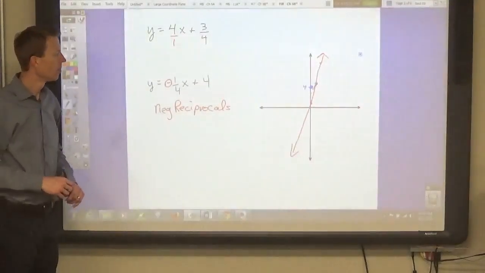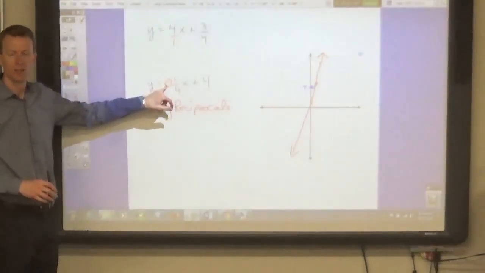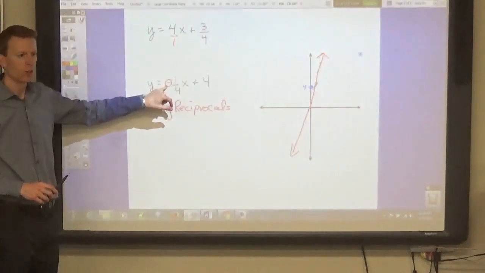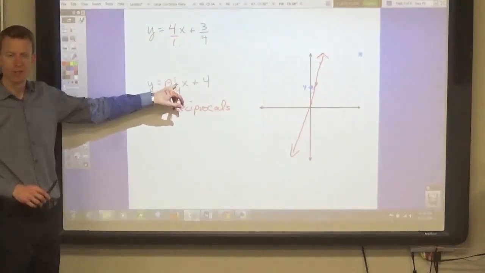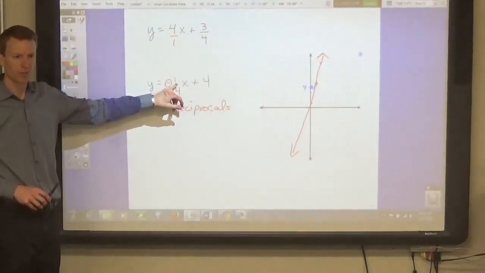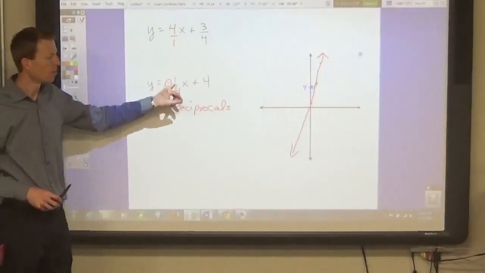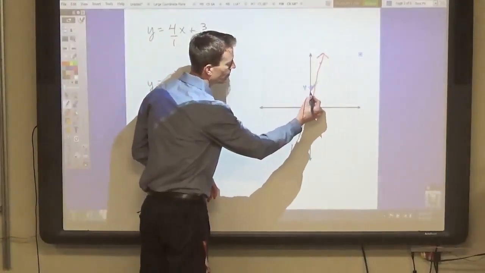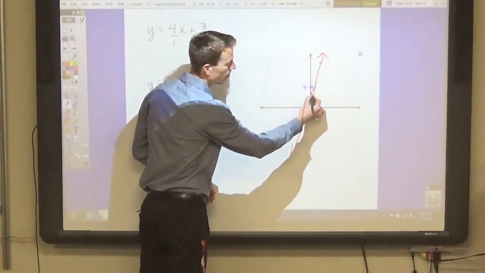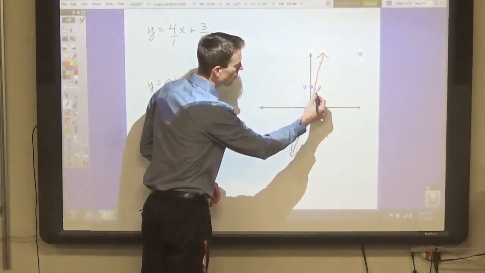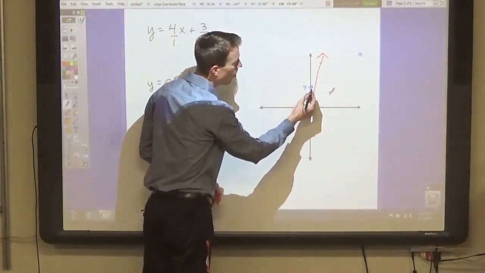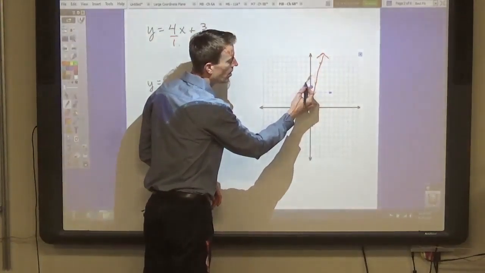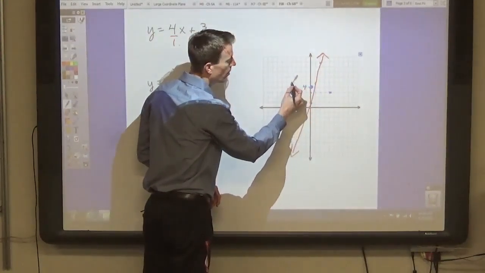Use the 1 first. Okay, go down 1 and go over 4. Which way? Down 1 and to the right 4. Or we could go up 1 and then to the left 4.